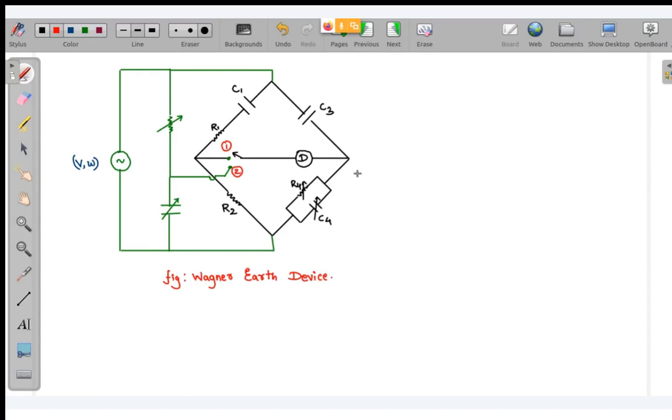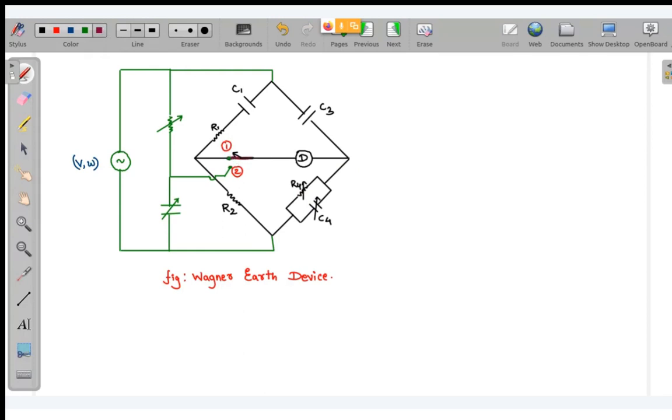Now look, basically here we have two bridges. What are those two bridges? One of the bridges is this one. This is your normal Schering bridge, this black color one. So when is this bridge going to be activated? First, just listen, then you can note everything.